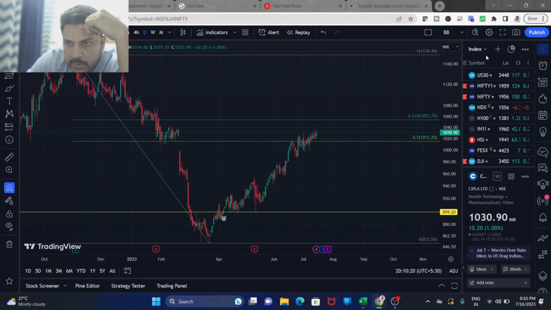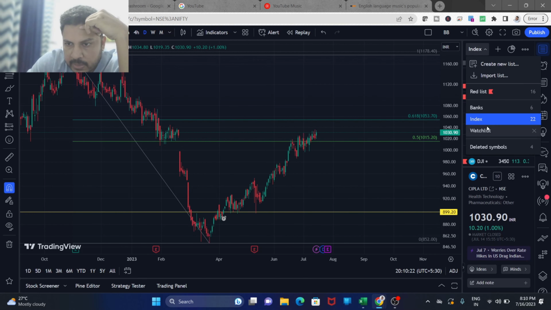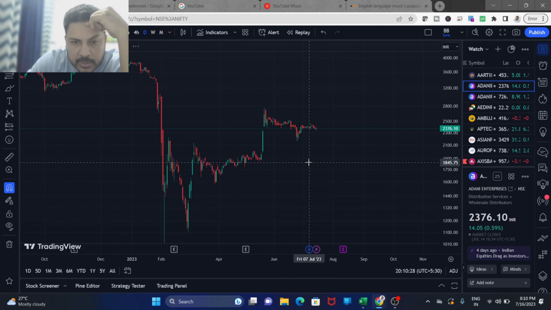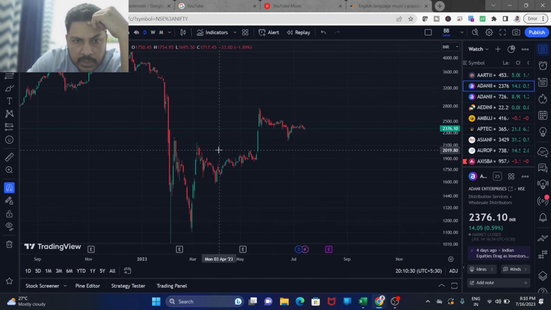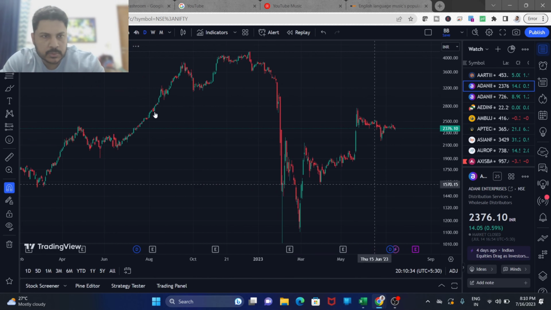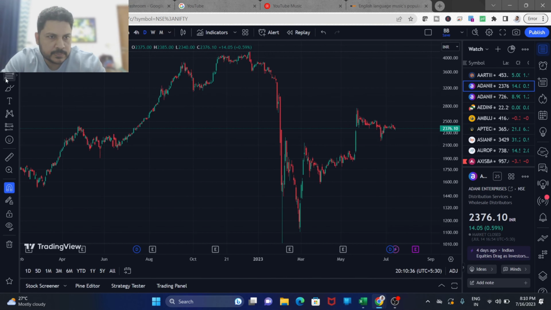So let's look at some other stocks as an example. Let's see what Adani Enterprises is doing. So Adani Enterprises, we have the high, we have the low also. So we will apply this.